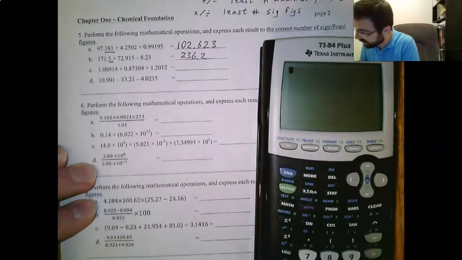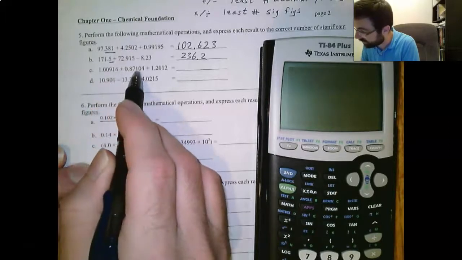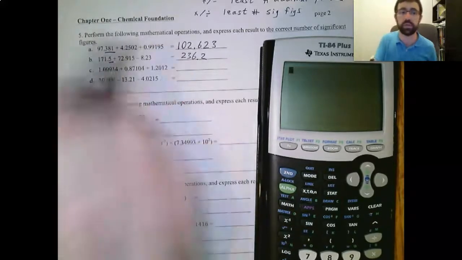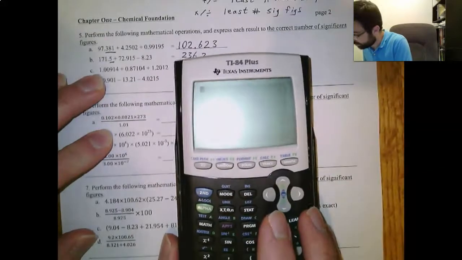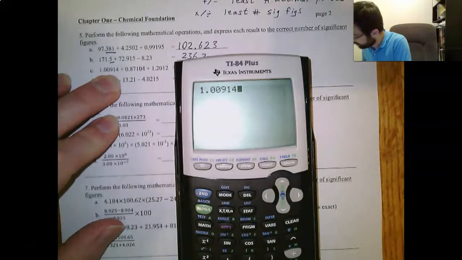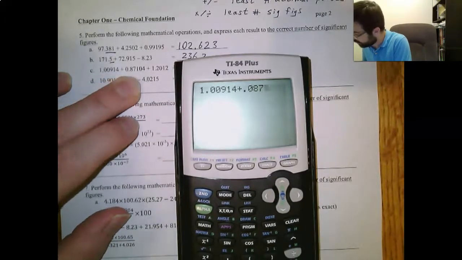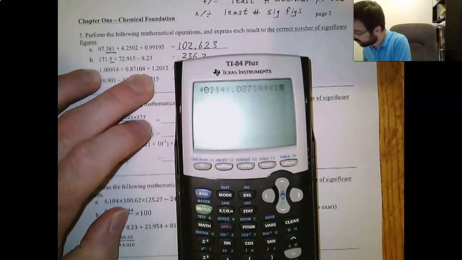Okay, got 5 decimals. 2, 3, 4, 5. We've got 5 decimals again. Over here I've got 4 decimals. Okay, so we're going to round to 4 decimal places. Okay, let's put this in the calculator. 1.00914 plus 0.087104 plus 1.2012.